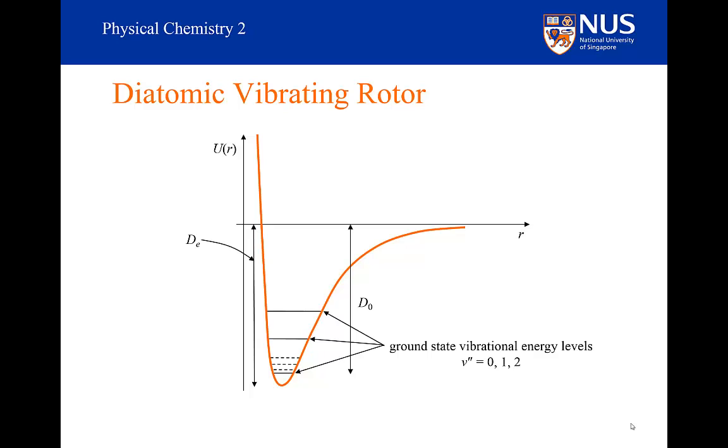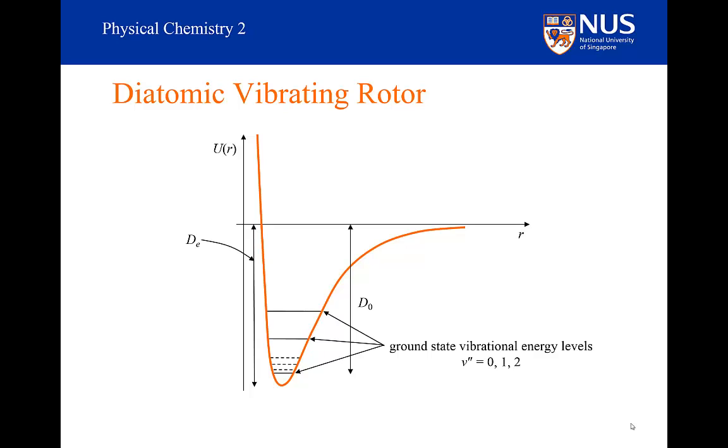Here I've drawn some further energy levels towards the bottom of the potential energy well. These levels have the same amount of vibrational energy. They are all defined by the quantum number V equals 0, but they have different rotational energies.